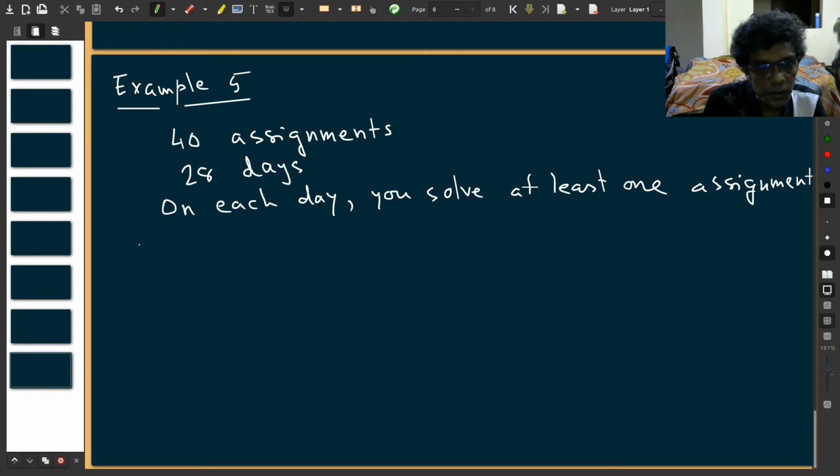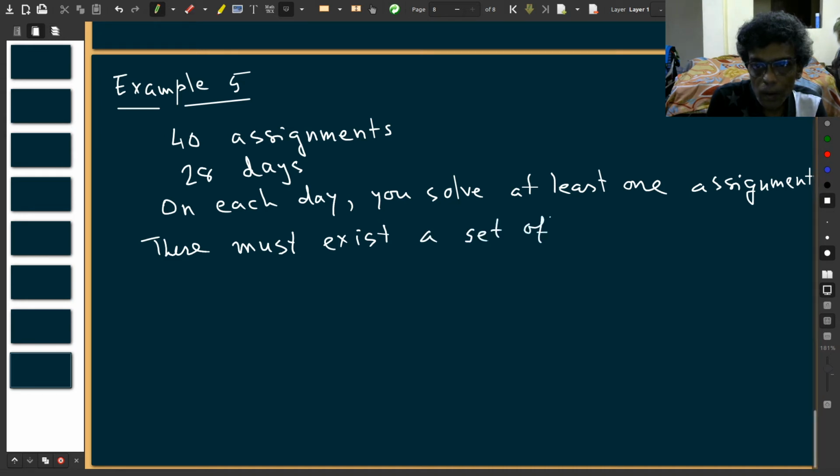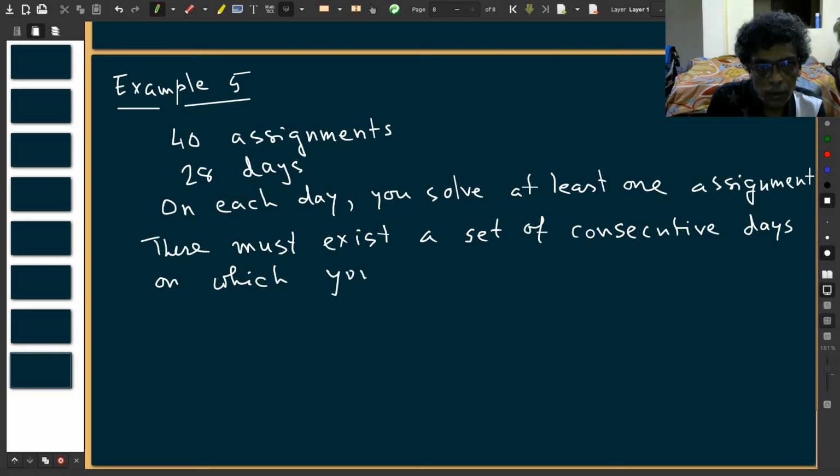No matter how you schedule your assignments, there must exist a set of consecutive days on which you solve 15 assignments.